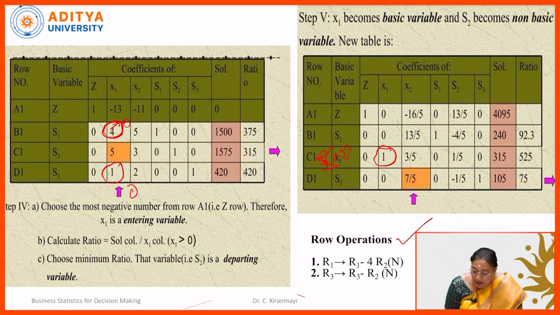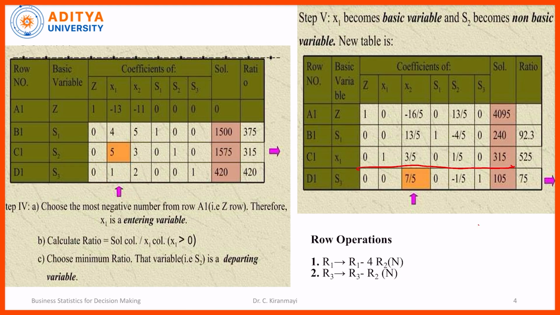Here we have 1 and here we have 4. Therefore, I multiply new R2 by 4 and it becomes 4, and if I subtract this from 4, it becomes 0. So 4 into 1 is 4, 4 minus 4 is 0. I have written 0 here.